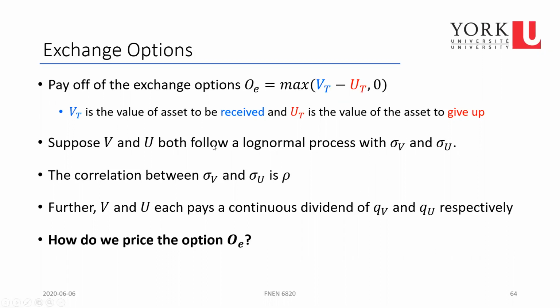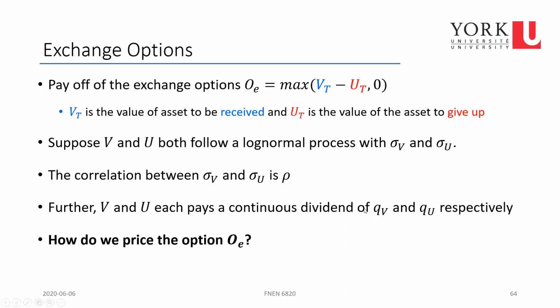Suppose both assets U and V are following a log normal process with volatilities sigma V and sigma U, and let's say they have a correlation.